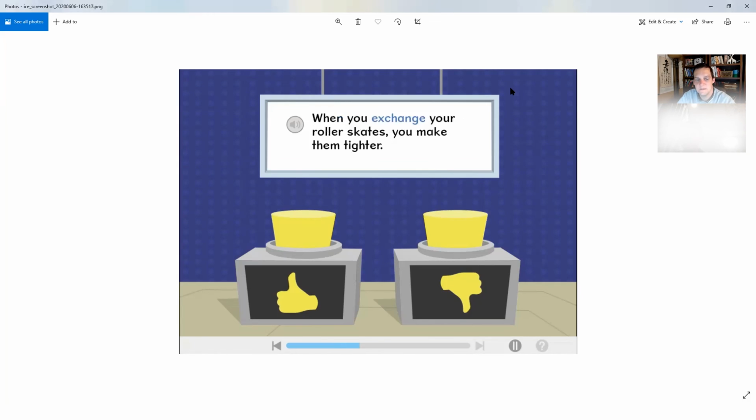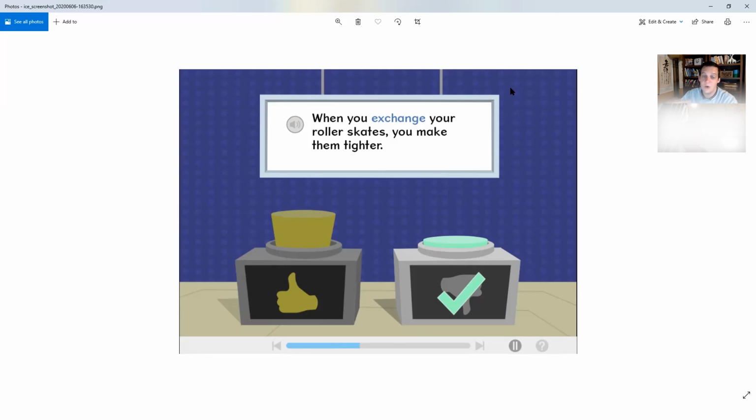How about this one? When you exchange your roller skates, you make them tighter. False. Why? I don't know. When you exchange the roller skates, so if you've got roller skates and they're broken, then you want to get new skates so that they're not broken.